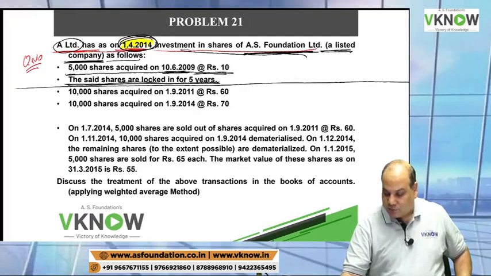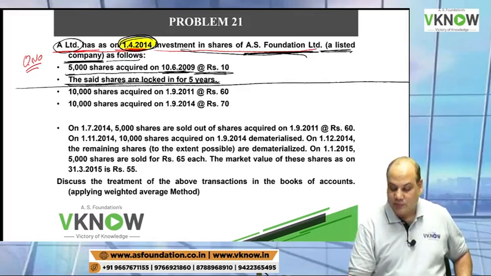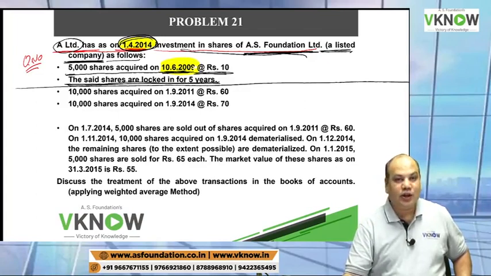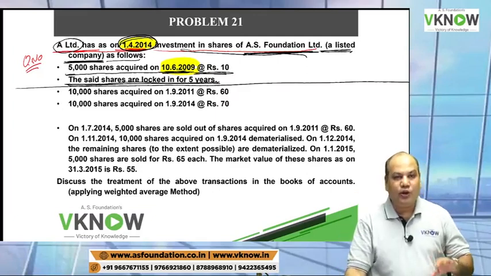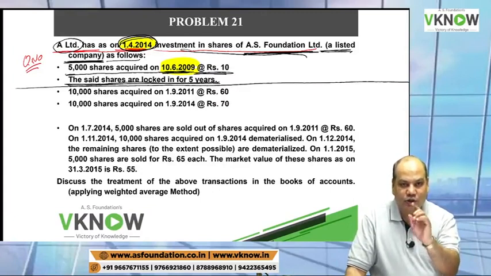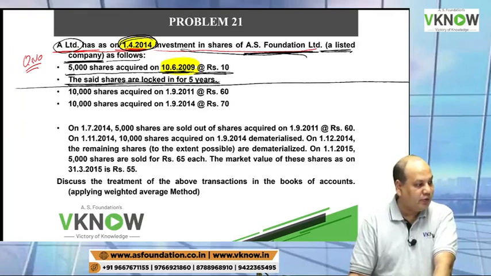Today the date is 1/4/14. The accounting period is 1/4/14 to 31st March 15. These shares were purchased on 10th June 2009, which means almost 5 years ago. If you are holding the share for 4 to 5 years, tell me, is it your current investment or your long-term investment?